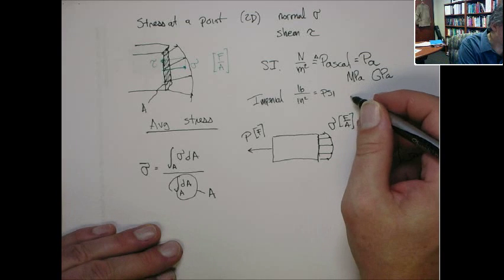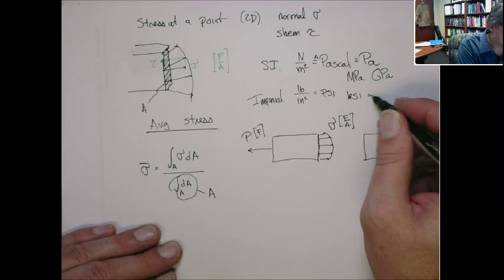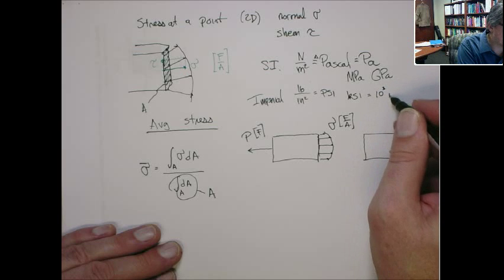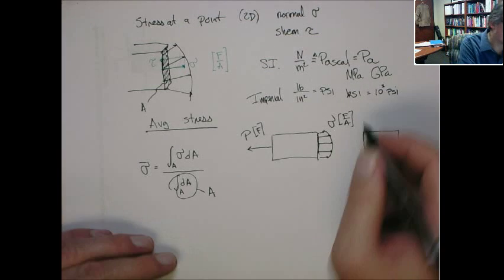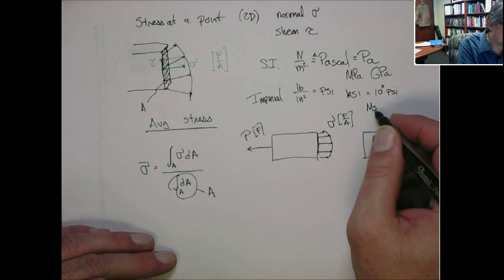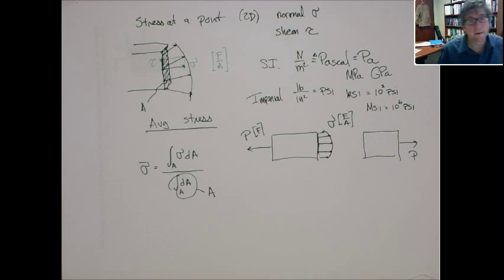A lot of times you'll still see things written in terms of KSI, which is 10 to the third PSI, that's 1,000 PSI. And sometimes people will talk about MSI, which is 10 to the sixth PSI, a mega PSI.